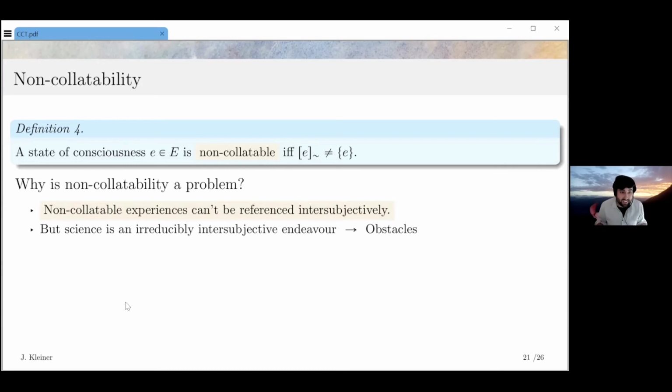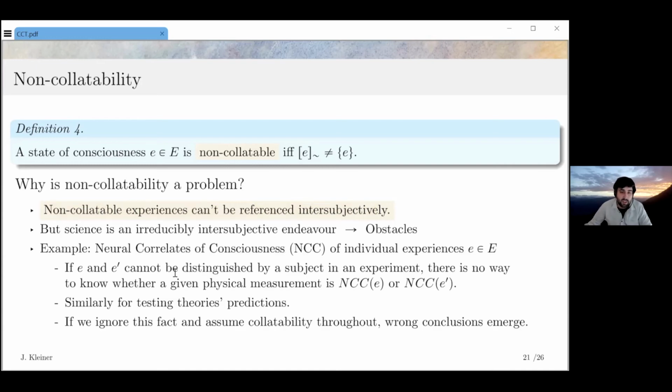But science, on the other hand, is irreducibly intersubjective. If you drop intersubjectivity, you can do very nice philosophy, but science is intersubjective, and that means that non-collatability actually induces obstacles. Let's look at an example.